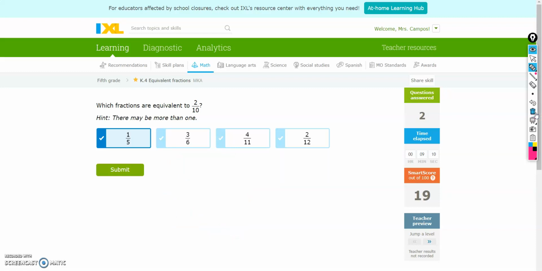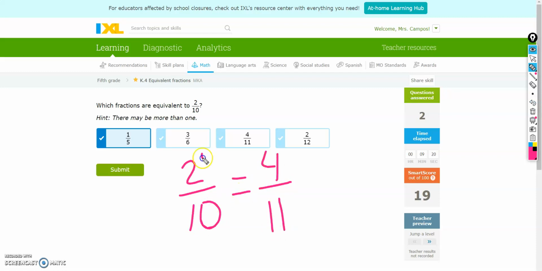Okay, so then we're going to try 2/10 and 4/11. Well, on the top here, I'm going to multiply by what? 2. And if I multiply by 2 on the bottom, would that work? Is 10 times 2 11?